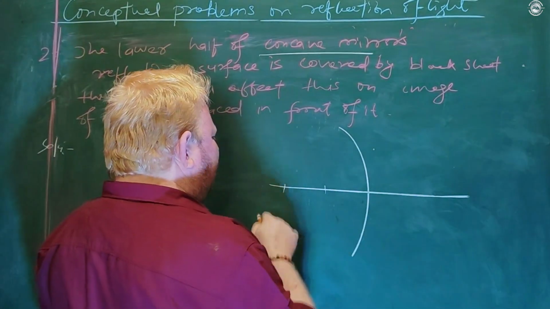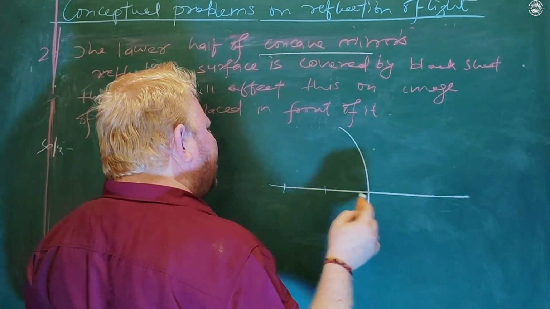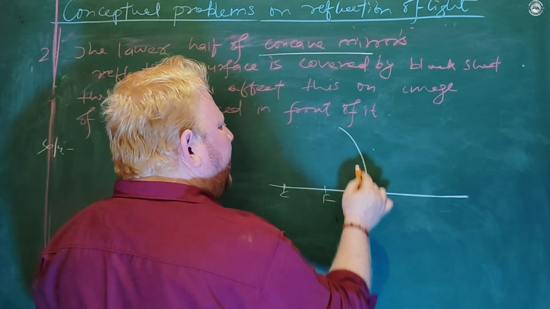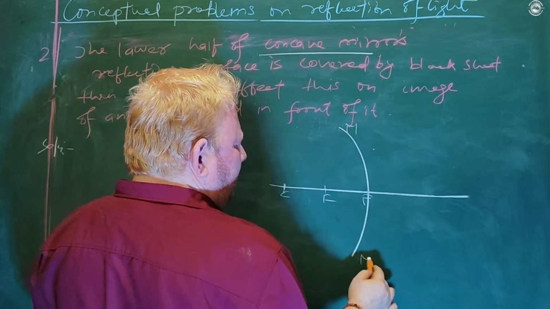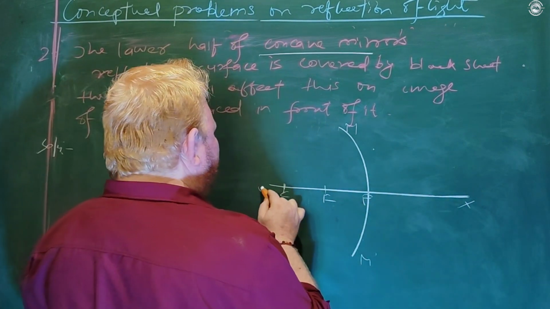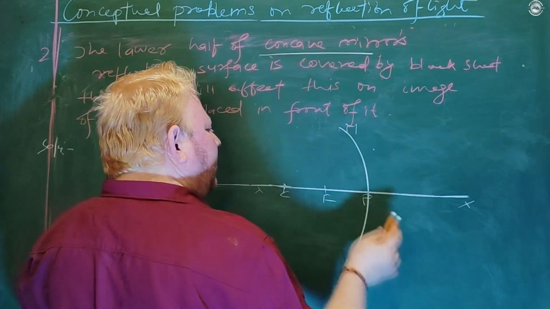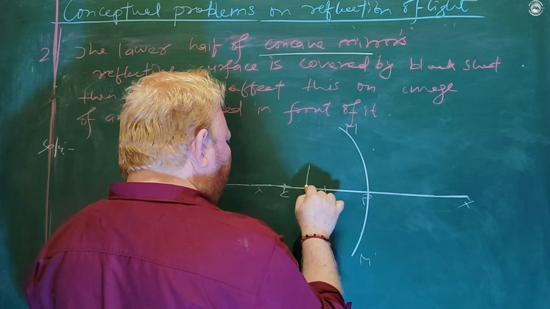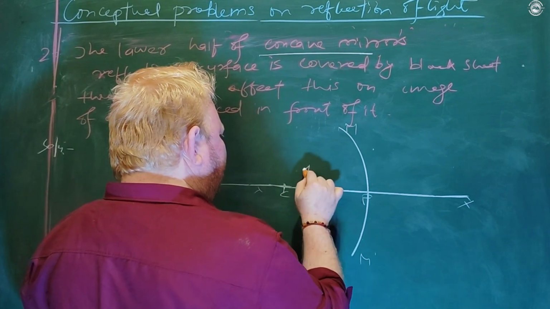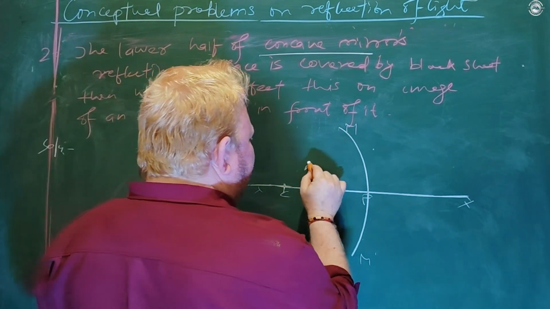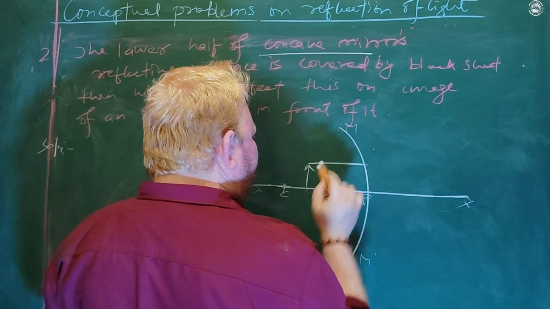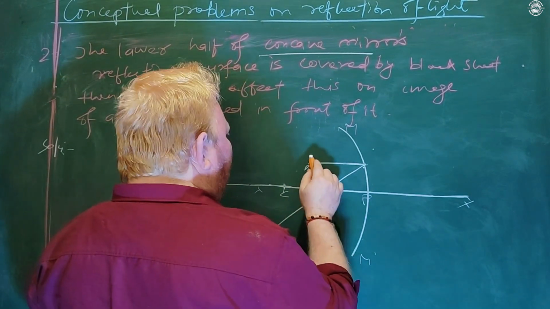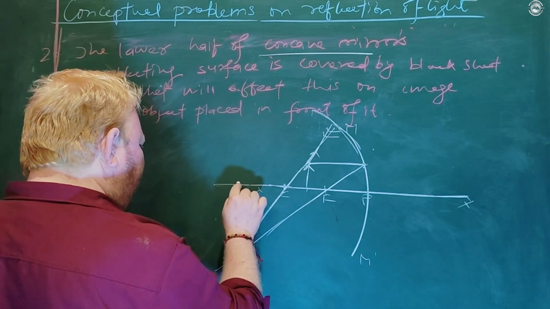Let us suppose one object is placed somewhere between C and F. This is the pole P, this is MM dash, this is the principal axis XX dash. So let us assume one object placed, and a light ray coming from this object after reflection passes through the focus. Now one image is being formed.